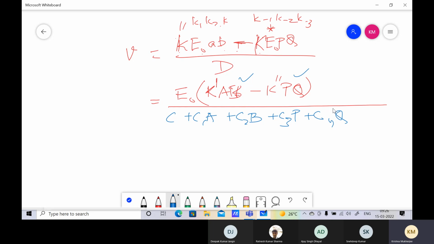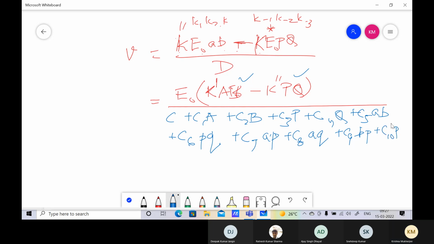And then, of course, the other combinations plus C5 AB plus C6 PQ, plus C7 the other combinations, AP plus C8 AQ plus C9 BP plus C10 BQ.